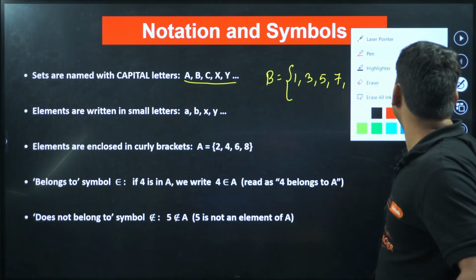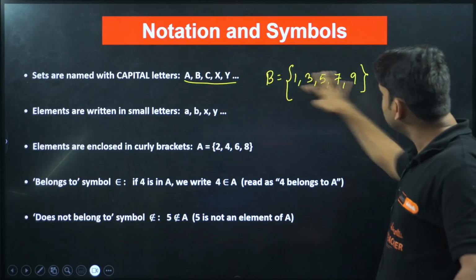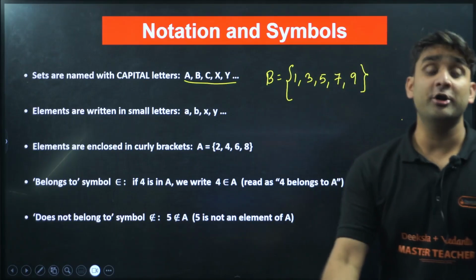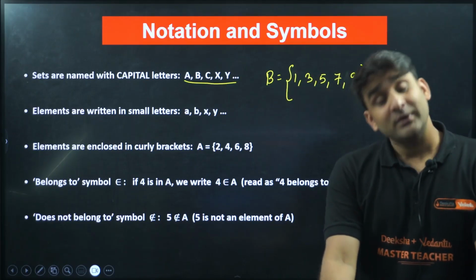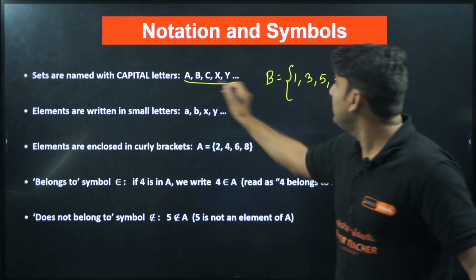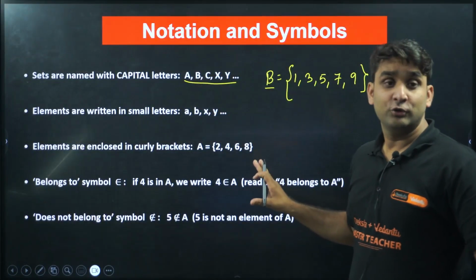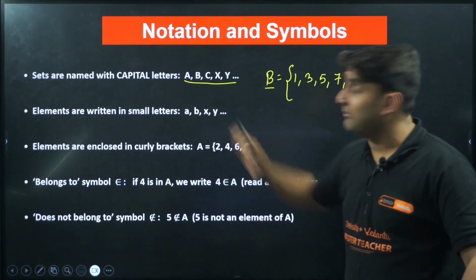The bracket must be like this. So this will be the set, B = {1, 3, 5, 7, 9}. To represent the set, I am using a capital letter. So to name a set, always use a capital letter.